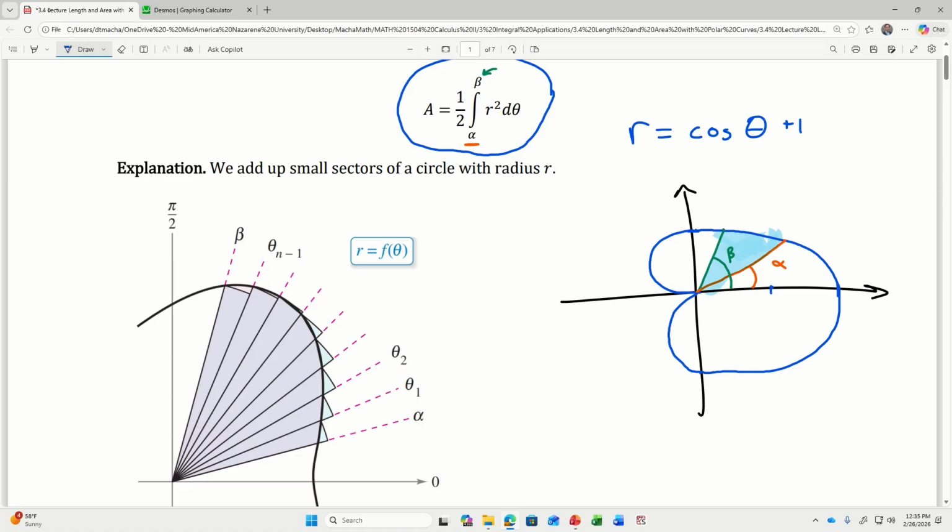The area of one of these sectors, by the way, we'll call it delta A for the area of one sector.